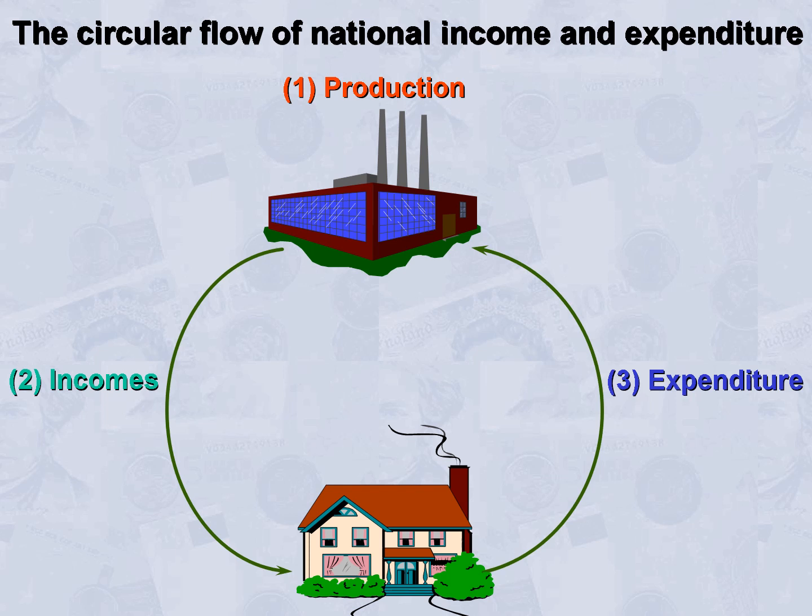How do they provide the income? From the factors of production or resources that they need to produce goods and services. Finally, the household or consumer will make an expenditure from the income that they receive from the factor payment.